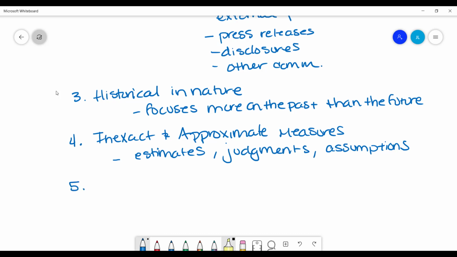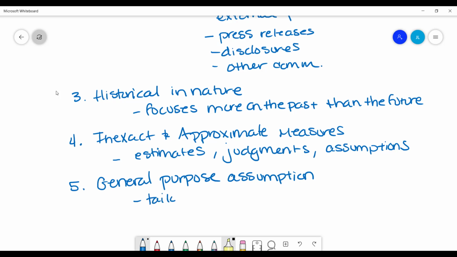And another characteristic of externally reported information is that it has a general purpose, right? We have this general purpose assumption when it comes to financial accounting information. And we touched on this briefly before. This means that financial accounting information is not tailored to any one person.